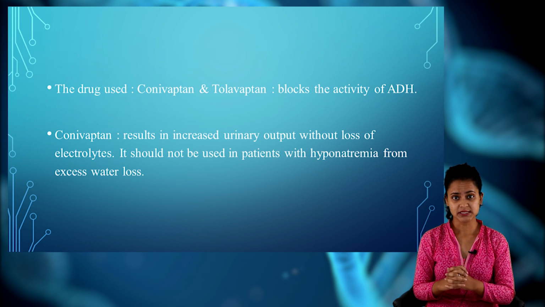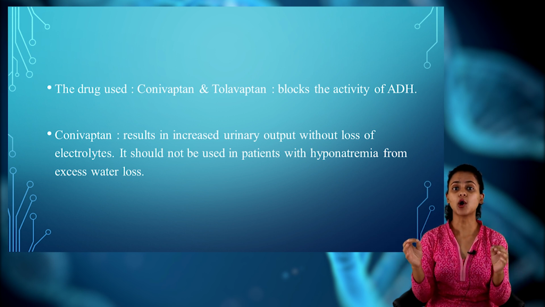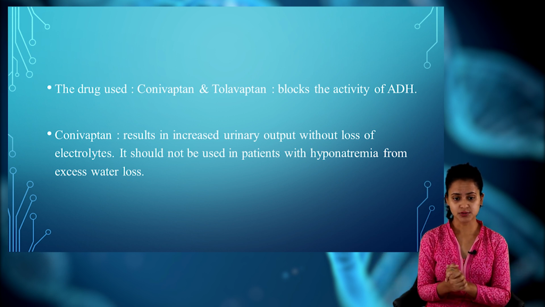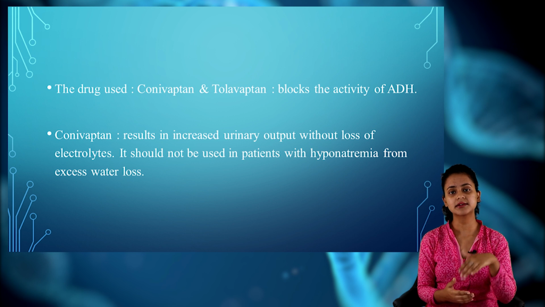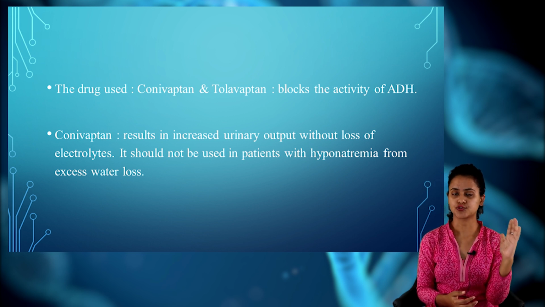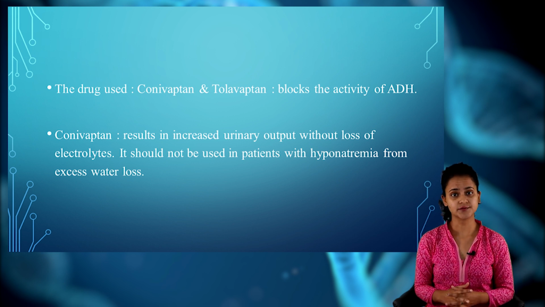So, conivaptan and tolvaptan often will be used, which block the activity of antidiuretic hormone. Conivaptan often will result in increased urinary output without loss of electrolytes. So when a client is having excess fluid volume, we are going to see this drug is very helpful to manage the client.